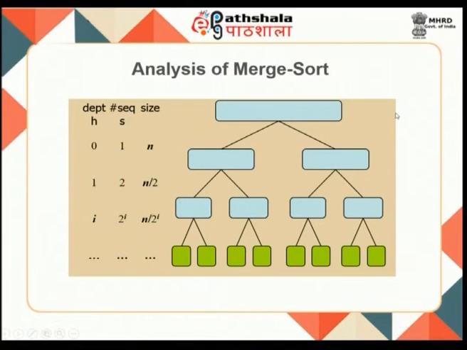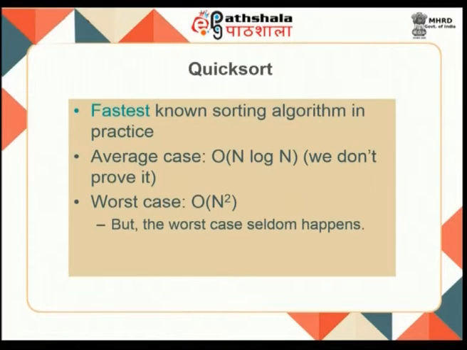You have log n as the depth. Therefore, the cost becomes n into log n. In other words, the complexity of merge sort is theta of n log n. It is applicable for the best case, average case as well as the worst case scenarios.